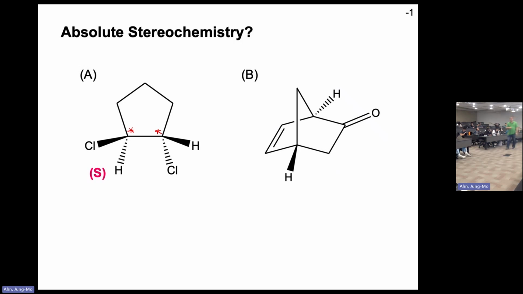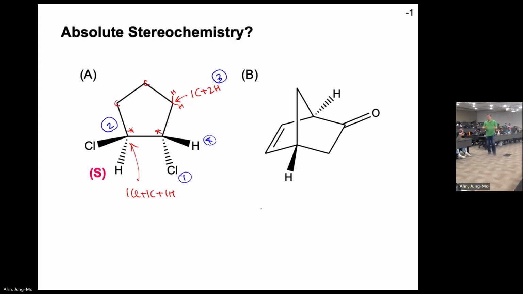So chlorine wins, number one. Number two is the carbon with one carbon and two hydrogens. And this carbon has one chlorine, one carbon, one hydrogen. So you can see that this side wins number two, and this side wins number three, and that's the hydrogen.